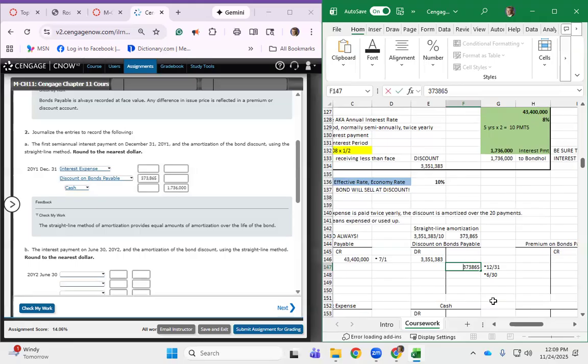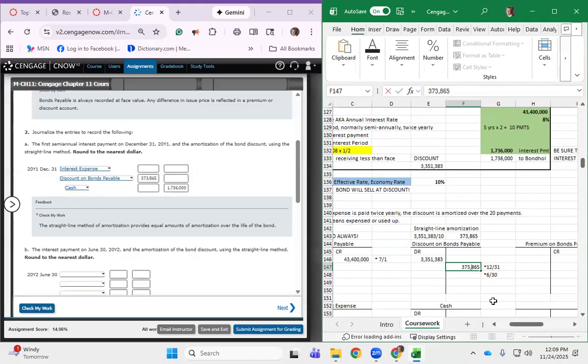Interest expense is what you call a plug number. If I was to ask you what a plug number is in accounting, what would you say? It's the amount that needs to be plugged in where there is a missing piece that makes this a balanced transaction.